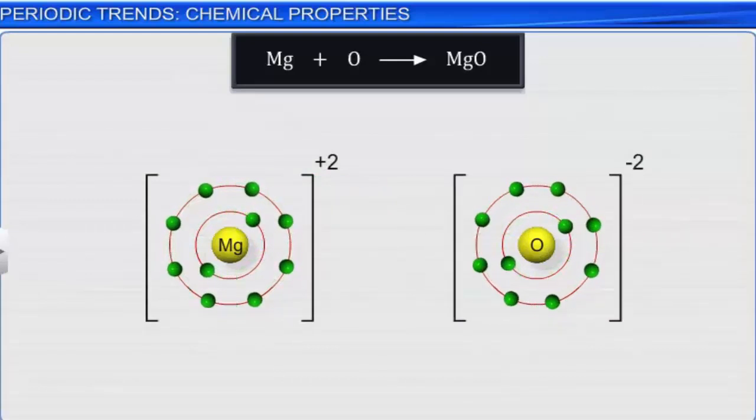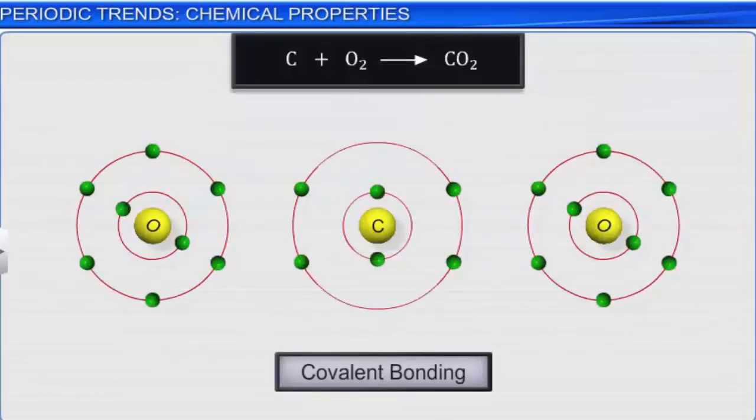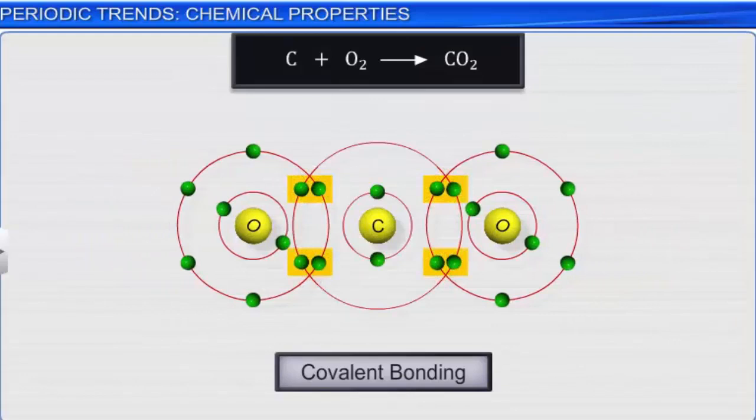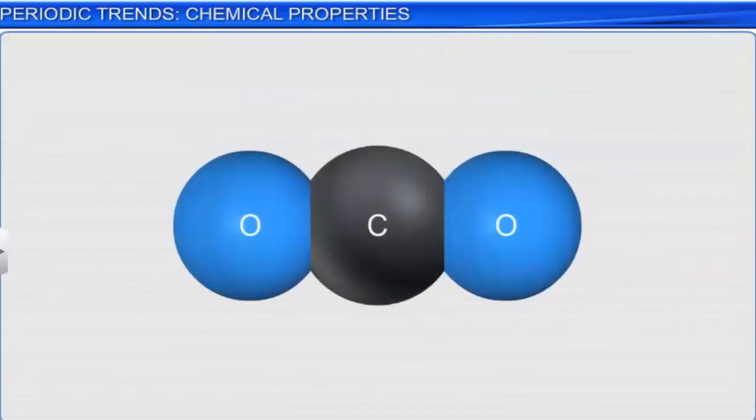Also note that the sum of the oxidation numbers of all the atoms or ions in a neutral compound like magnesium oxide is 0. But what happens in case of covalent bonding, where elements only share electrons, not gain or lose electrons? The oxidation state exhibited by an element in a covalent bond is equivalent to the charge acquired by its atom based on its electronegativity with respect to other atoms in the compound.